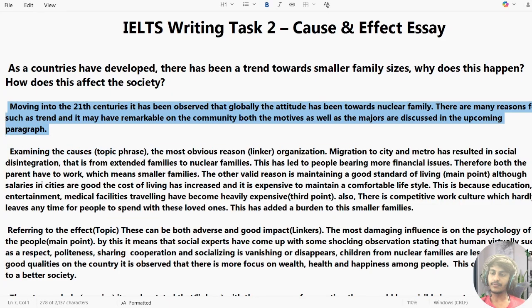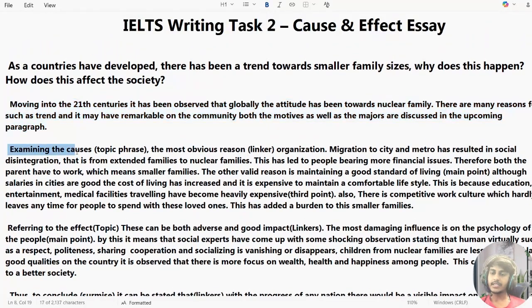Now body paragraph 1. Examining the causes. It is a topic phrase. The most obvious reason, it is a linker organization. So migration to the cities and metros has resulted in a social transition, that is from the extended family to the nuclear family.